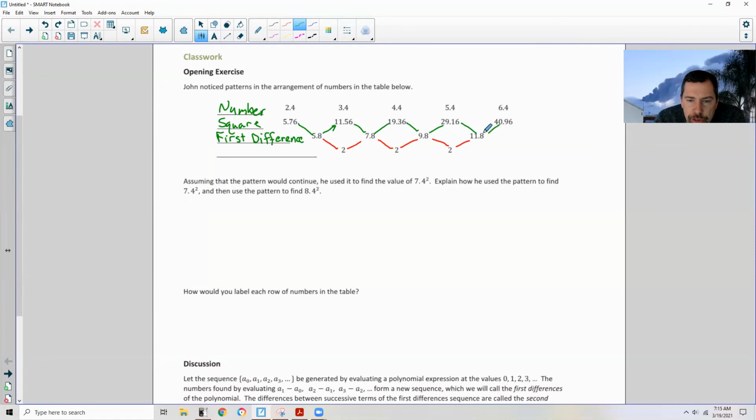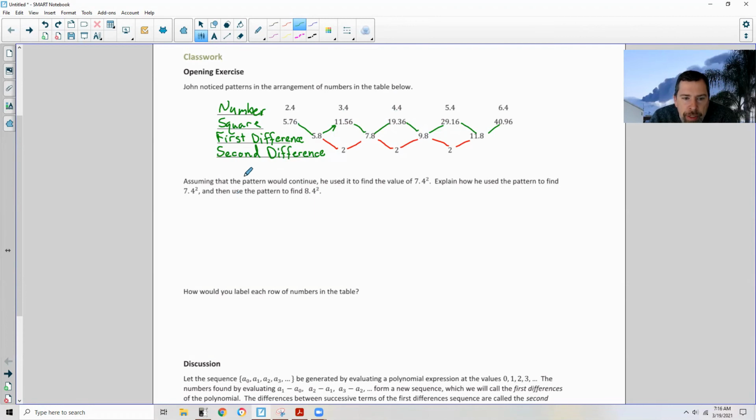It's increasing by 2's. But then when we take the difference here, we got a difference of 2, a difference of 2. So now we're just saying plus 2, plus 2, plus 2. So this is what we're going to call the second difference. Okay, and there we go.